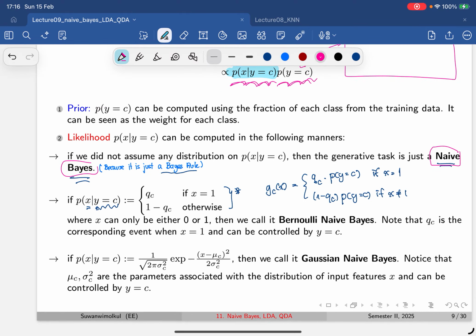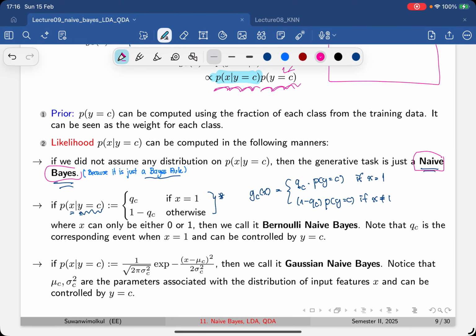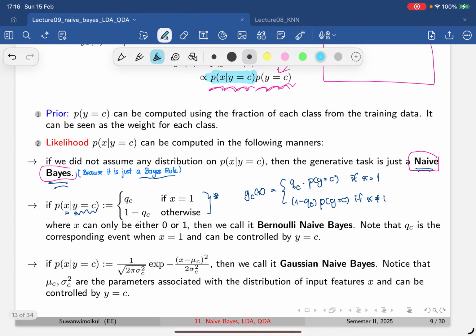So in my first example, the previous example that we talked about, the likelihood is a Gaussian distribution, and we call this a Gaussian naive Bayes. On the other hand, if this likelihood is a Bernoulli distribution, then we call it a Bernoulli naive Bayes.